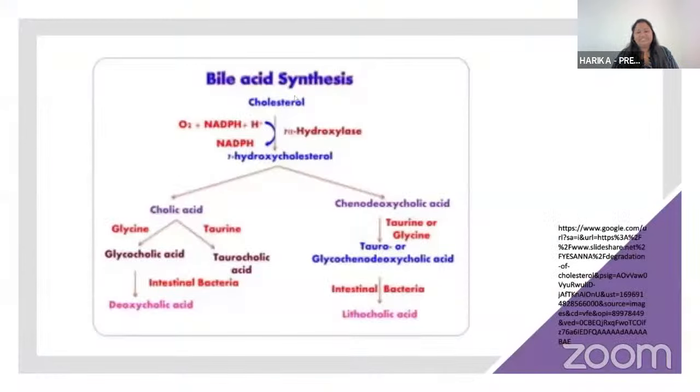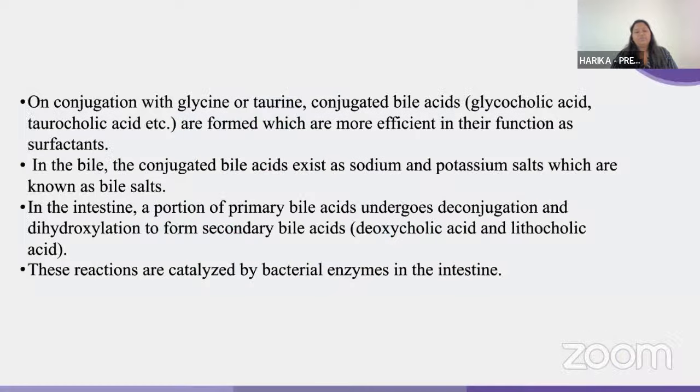Here you can see the synthesis. As I have told you, cholesterol is first hydroxylated into 7-hydroxycholesterol and then forms two components, cholic acid and chenodeoxycholic acid. Now again, these two undergo different reactions.